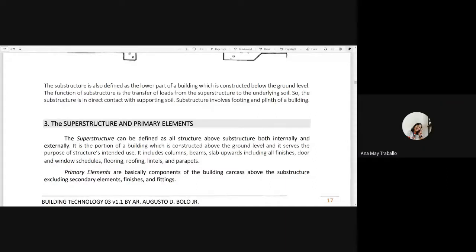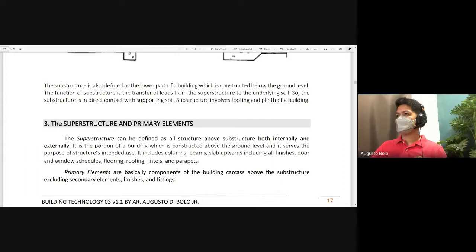The superstructure and primary elements. The superstructure can be defined as all structure above substructure both internally and externally. It is the portion of a building which is constructed above the ground level and it serves the purpose of structure's intended use.